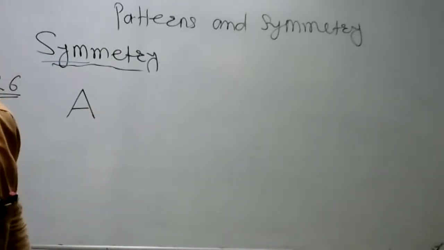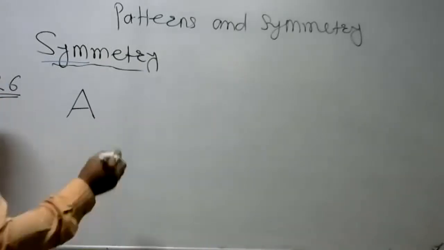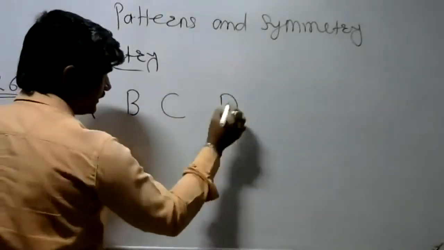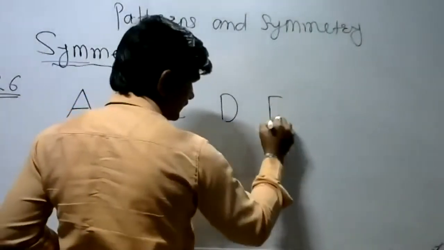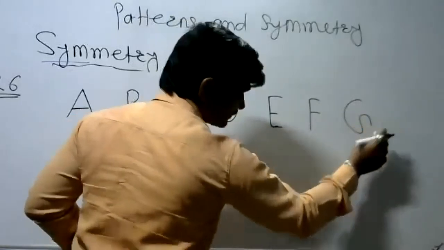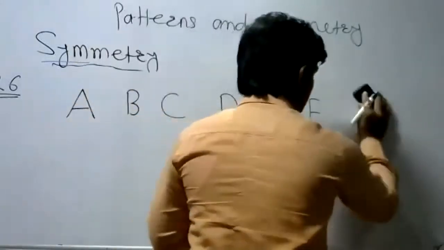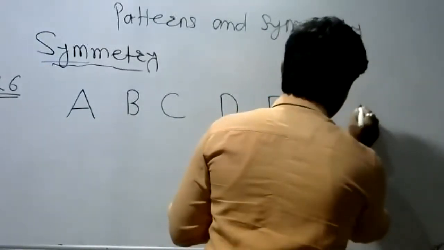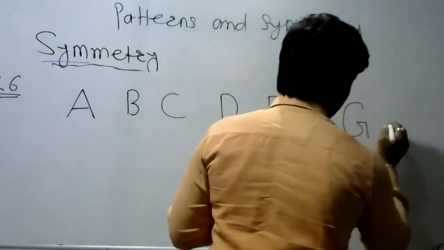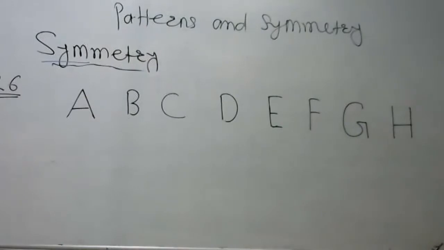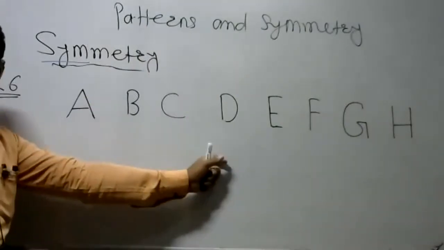First A, second B, third C, D, E, F, G, H. Okay. Now see, these are some alphabets I have written here.